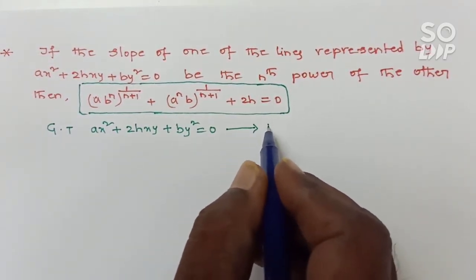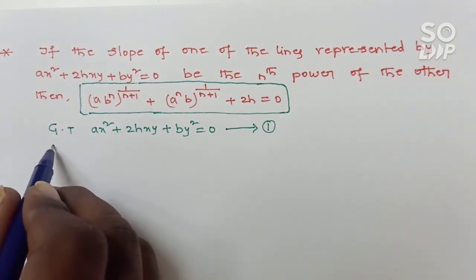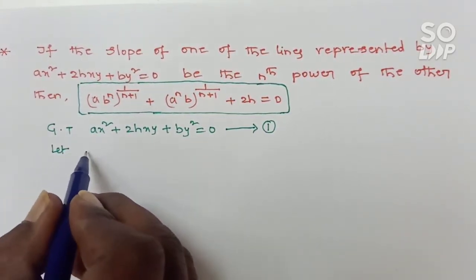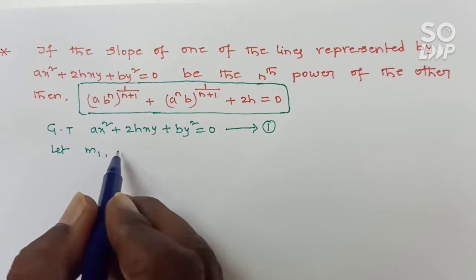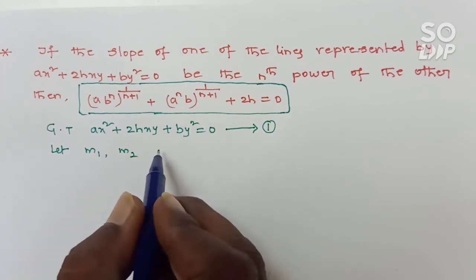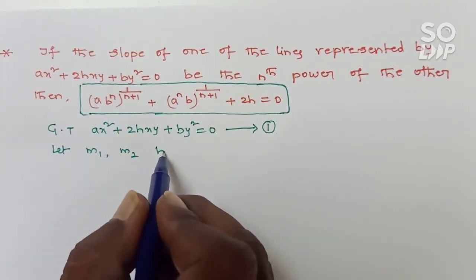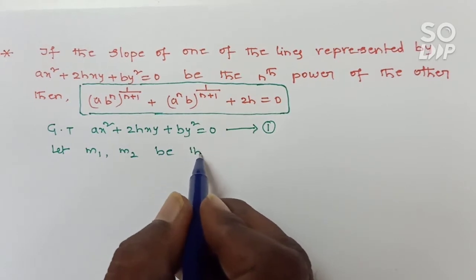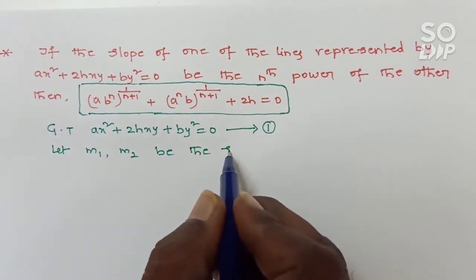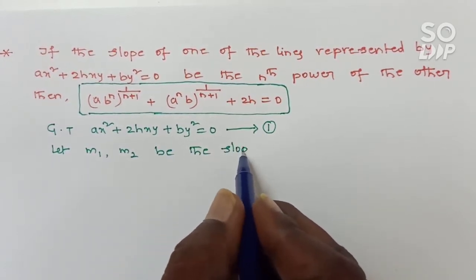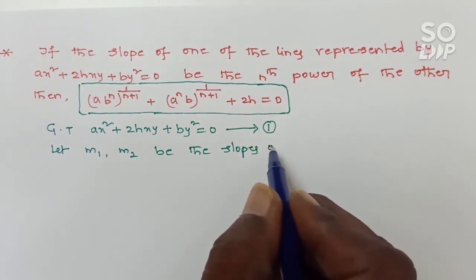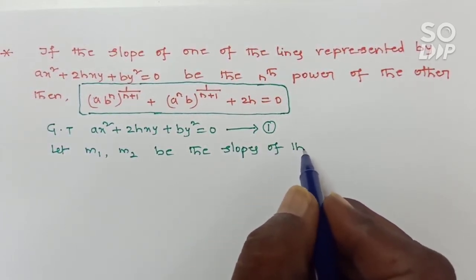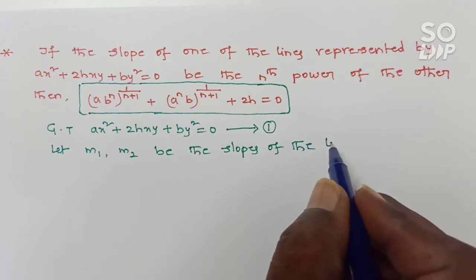Let it be equation 1. Let m1, m2 be the slopes of the lines represented by equation 1.